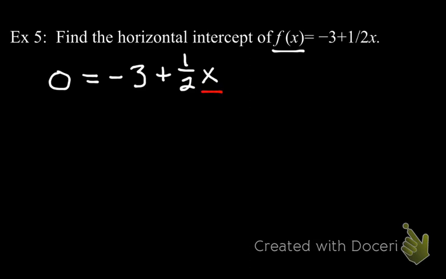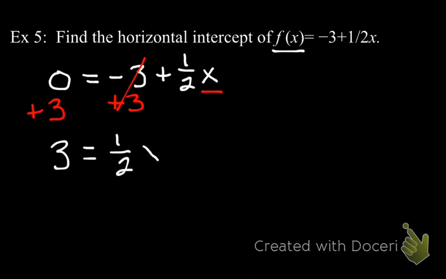The first thing that we have to do is start on the outside layers, so we're going to add 3 to cancel out this 3. And if we add 3 to the right side of our equation, we have to also add 3 to the left side, and that's going to give us 3 over here equals, that canceled out, and we'll just have 1/2 x left over.